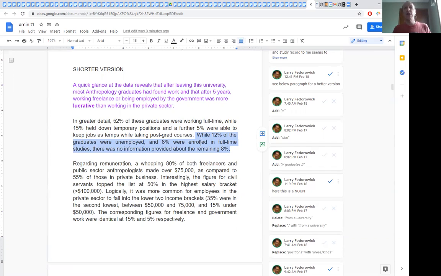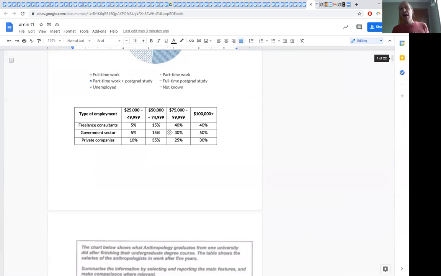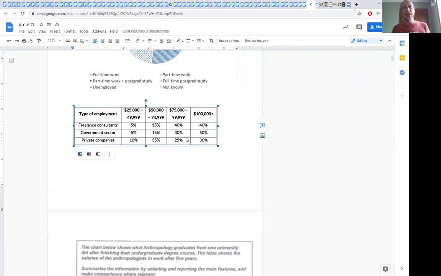So now we're just going to go down to the last one, which is kind of tricky because about the data, because we do have a lot of pieces of data. As I told you before, we're going to try and divide this down the middle here, noticing this big difference here, the 80% of the people in the higher brackets for the two top jobs, right?